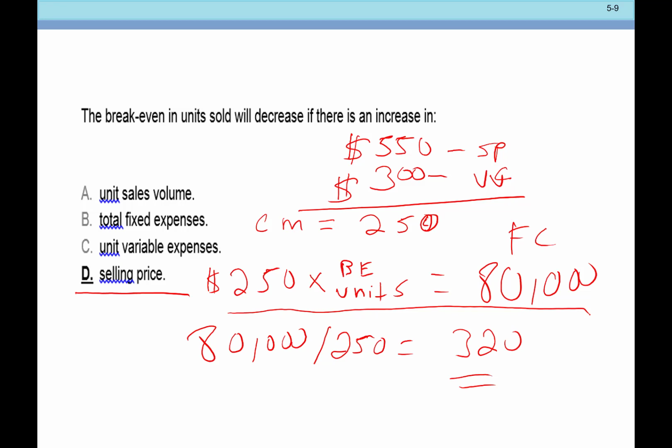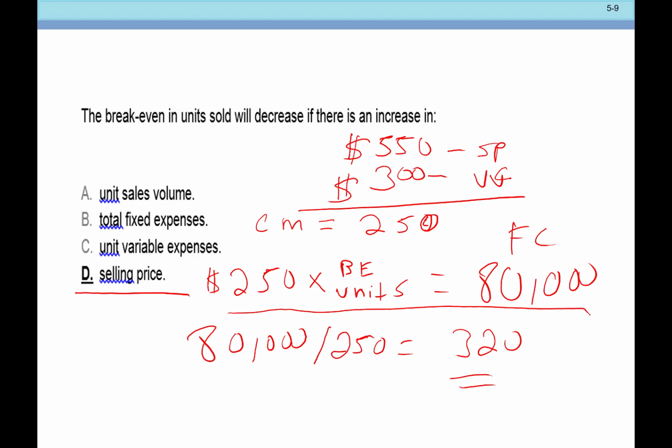So what's the big question from a business standpoint? You're all accounting majors, right? There's no marketing majors in here? What are those annoying marketing people going to have to tell us? Well, they want to increase sales, right? But they come up with this 550 number.